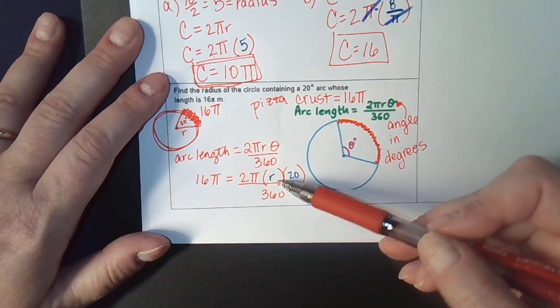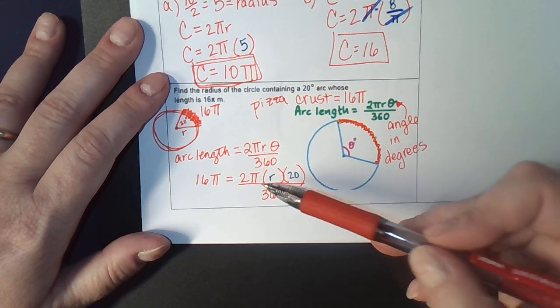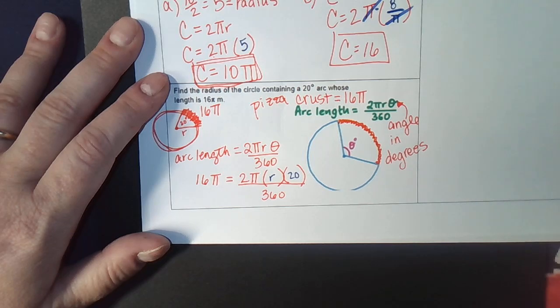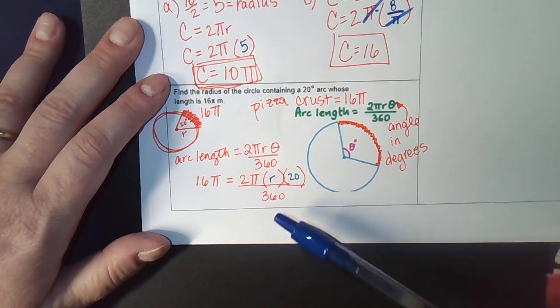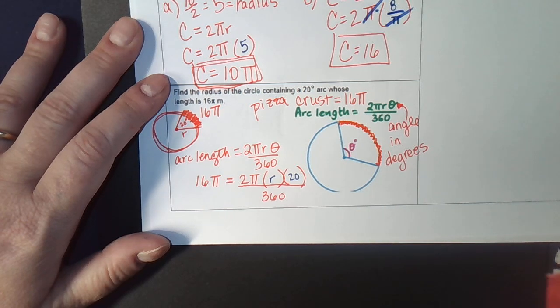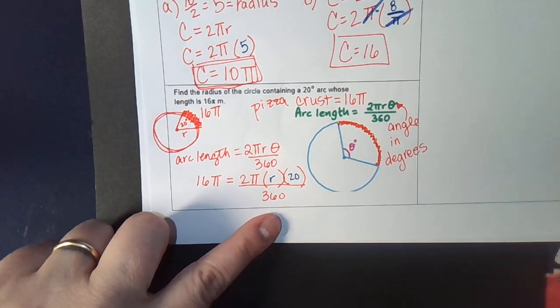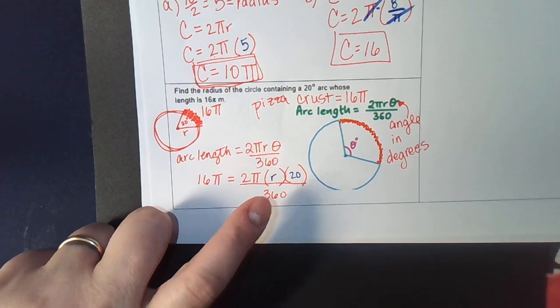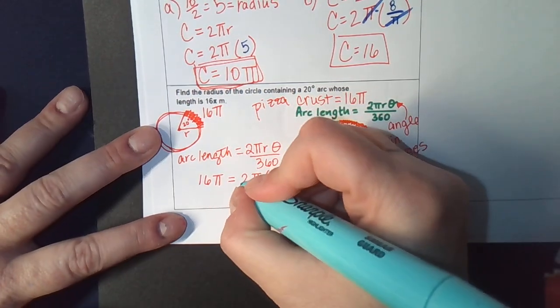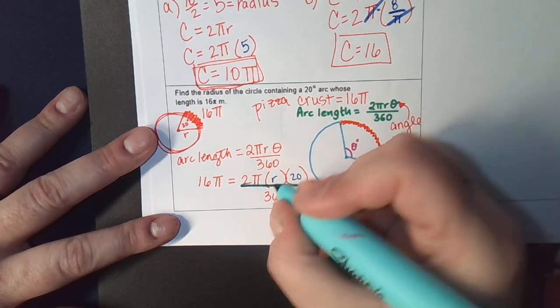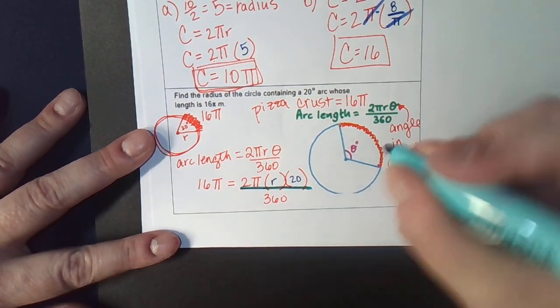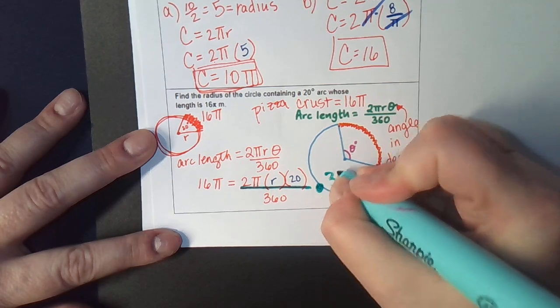We're trying to get r by itself. So right now we have a dividing by 360, and that's weird. If I'm trying to solve for r, you can't have something dividing by it. So let's get rid of this divide 360 using algebra. What's the opposite of divide 360? Multiply 360.